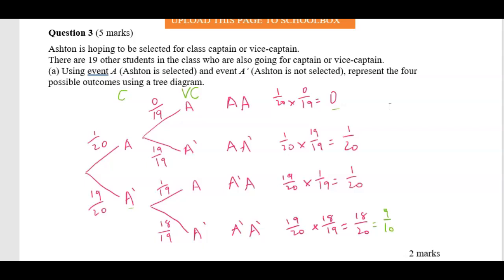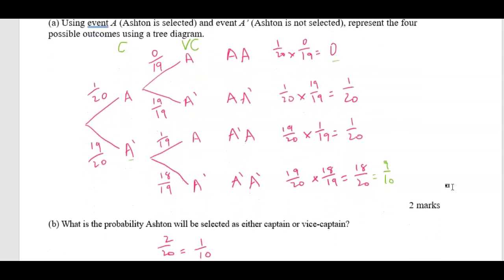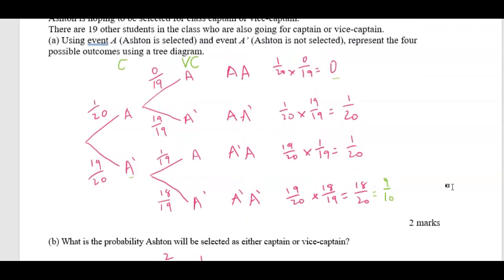I don't tend to simplify these, but I did notice some people simplified it to 9 over 10. With these fractions, girls, you were allowed to use your calculator, but you can easily do these because this 19 cancels with this 19, which leaves you with 1 over 20. And this 19 cancels with this 19, which leaves you with 18 over 20.